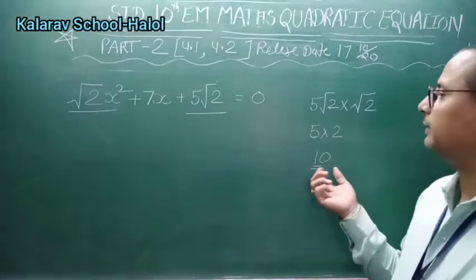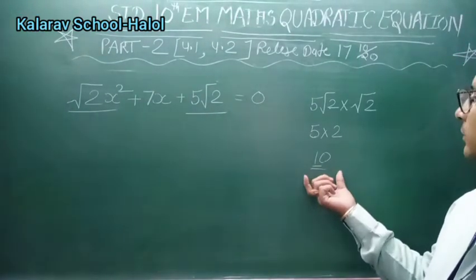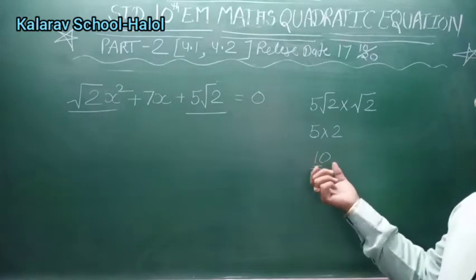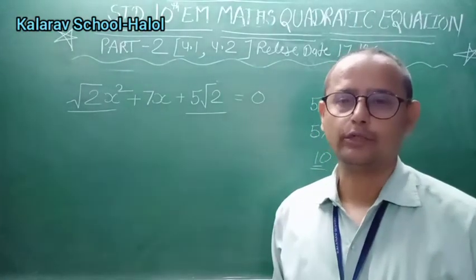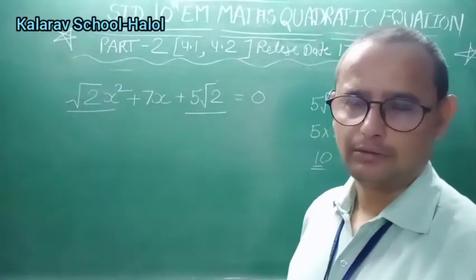Now you split 10 in such a way that the product should be 10 and your addition should come 7. Okay, so 5 2s are 10 and 5 plus 2 is 7. Is it clear?